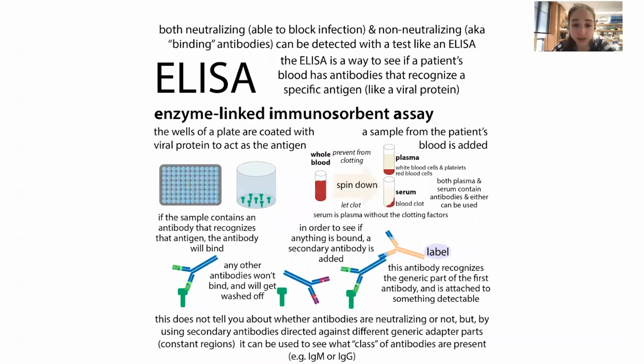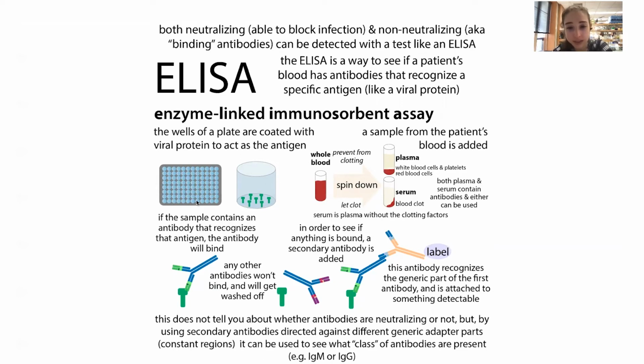A common way to see if an antibody is binding to something of interest is an ELISA. So this is like what we're talking about with a Western blot, in that you have this sort of secondary antibody thing going on. In this case, however, you have your antigen bound to the well. So instead of having it potentially on the membrane from a Western blot, you have it definitely on all of these wells of this plate.